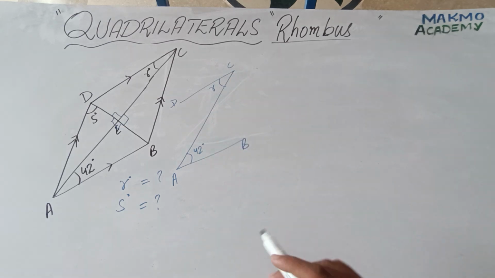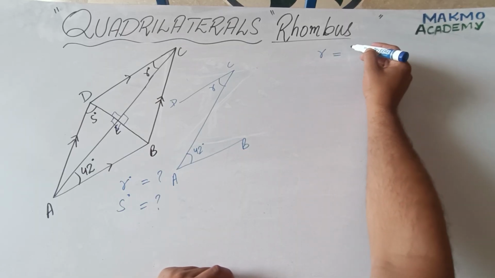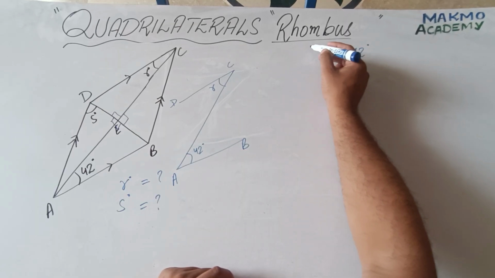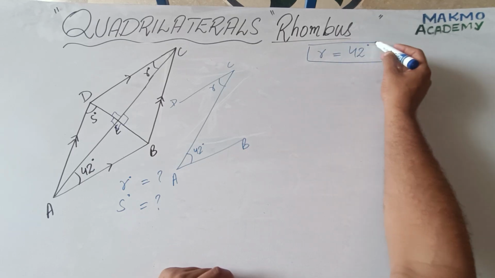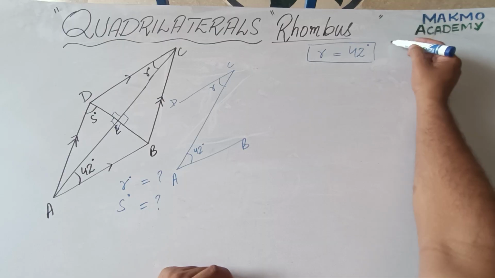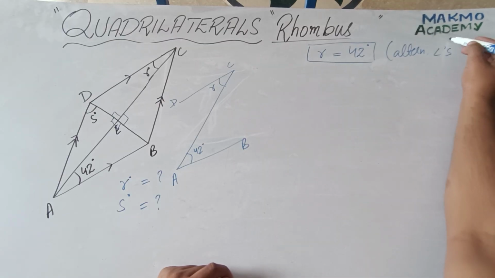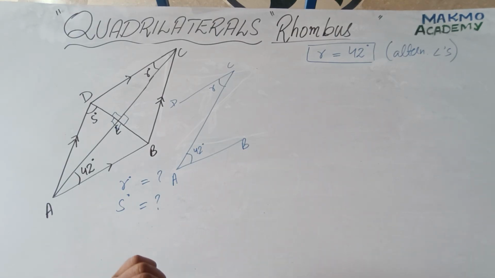Now what you can see, there is a letter Z, alternate angle. So by the property of alternate angle, R is equal to 42. This is very much simple. We need to just find out the appropriate property which is applying over here. So now we will write alternate angles. We just need to give the proper reason that by which property they are equal to each other.